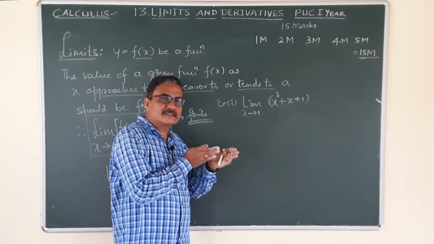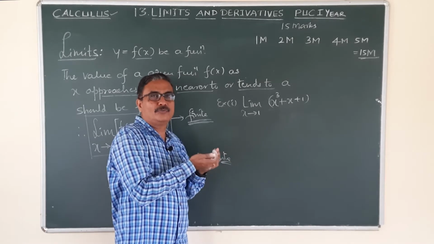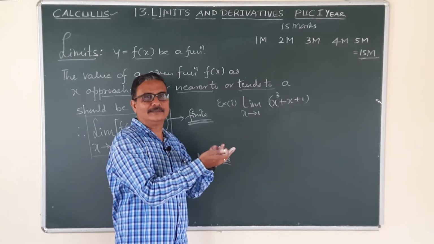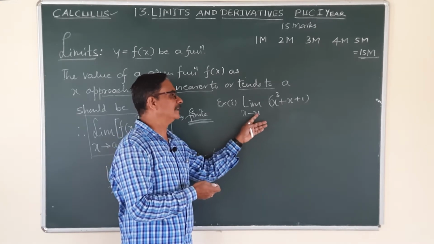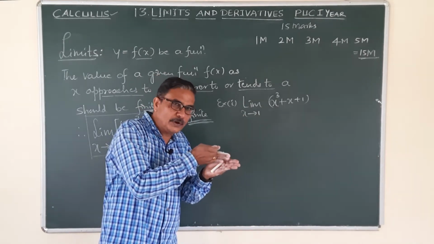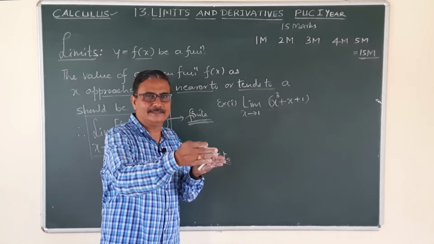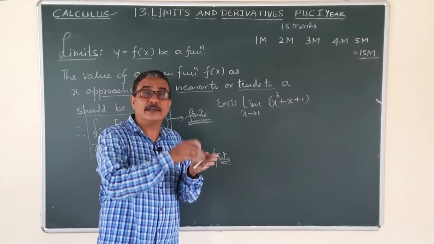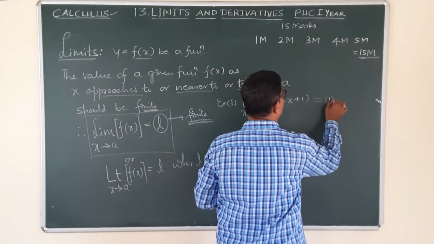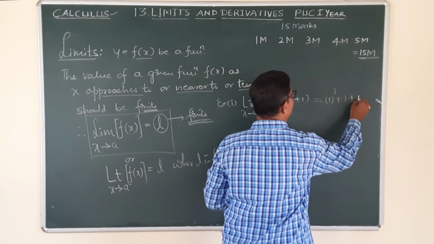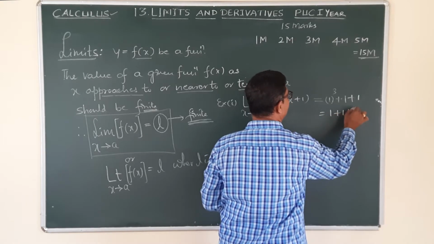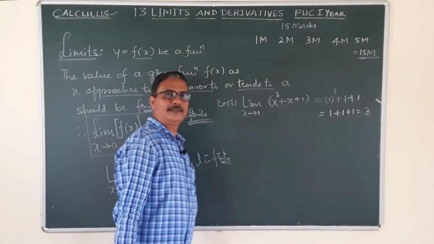It is a number slightly less than 1, say 0.999. Instead of taking that, we take a definite number, that is 1. So put x is equal to 1, see what happens? 1 cube plus 1 plus 1, that is 1 plus 1 plus 1, that is 3. 3 is a finite value.